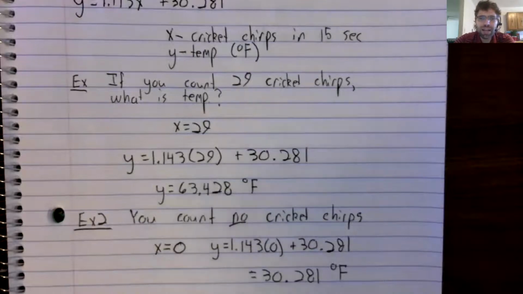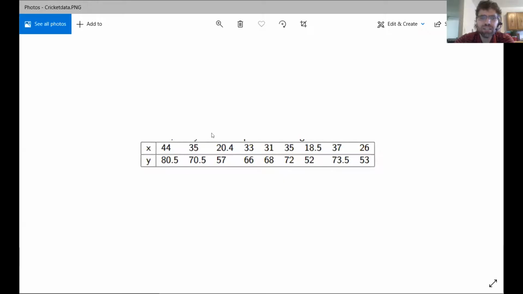If you go back to this data set, the lowest value we have data for is 18.5. Zero's way outside of this data range.